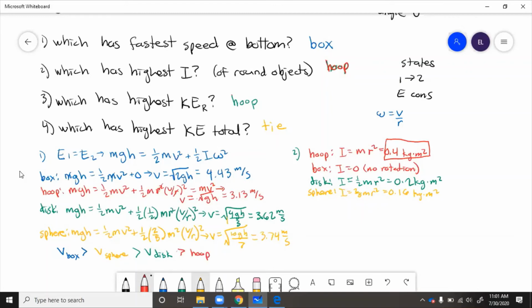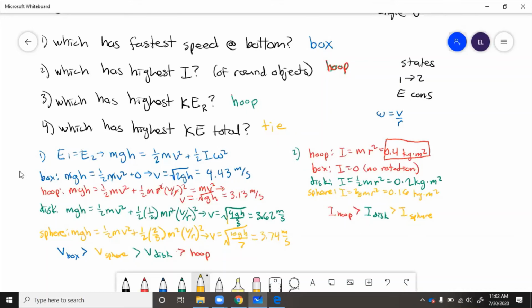So you see, this is kind of inversely proportional to the moment of inertia, because for moment of inertia, we had I for the hoop was greater than I for the disk, which was greater than I for the sphere, because they both start at the top with the same amount of potential energy. So at the bottom, some of that potential energy goes into rotational kinetic and some goes into translational kinetic.